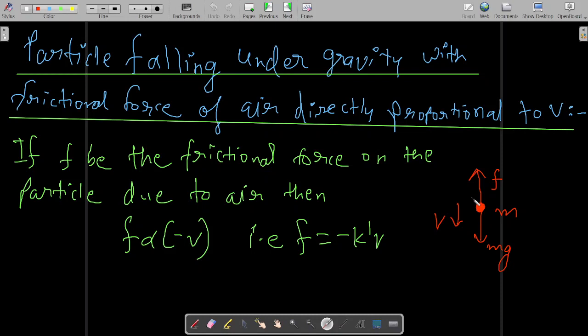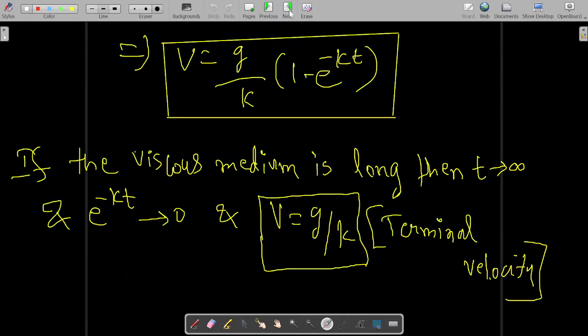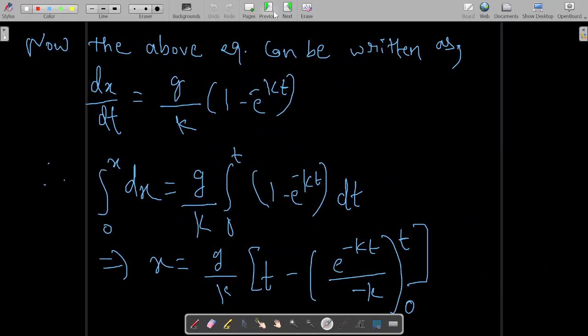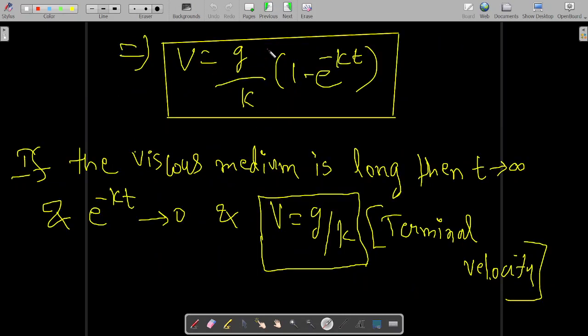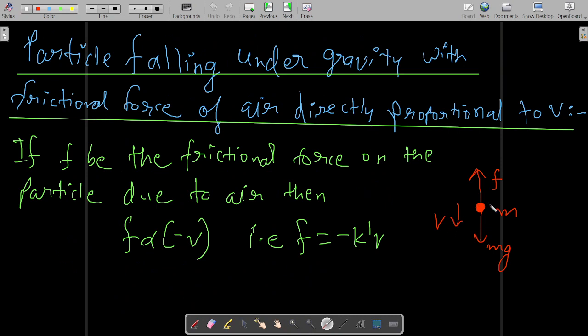The viscous medium here means air, but in some other case the time required will be very huge in case of a long medium. This case doesn't apply over here, because if you take the path to be too long, you will go to a much higher height from the earth's surface.